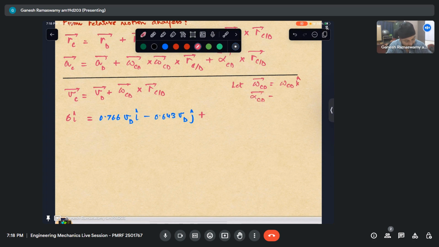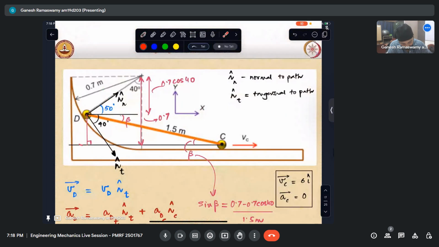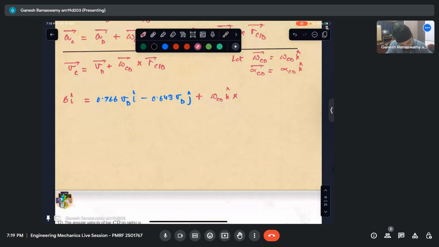Let us take both to be positive for now. So this will be omega Cd k cap cross Rc with respect to d. Now from the figure, I can write Rc with respect to d is 1.5 cos beta in the x direction minus 1.5 sin beta in the y direction. So this is 1.5 cos 6.268 I minus 1.5 sin 6.268 J.